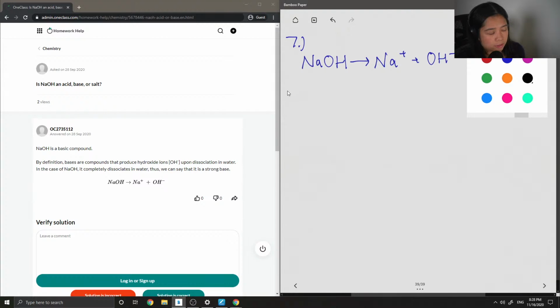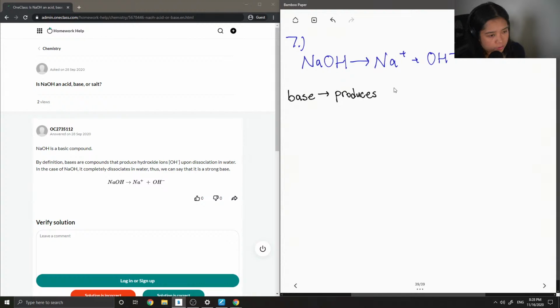So if we recall the definitions of acids and bases, a base produces OH minus in solution. So therefore, NaOH is a base.